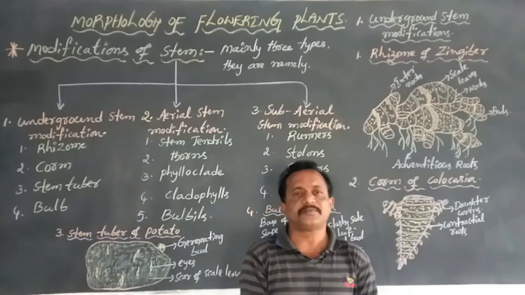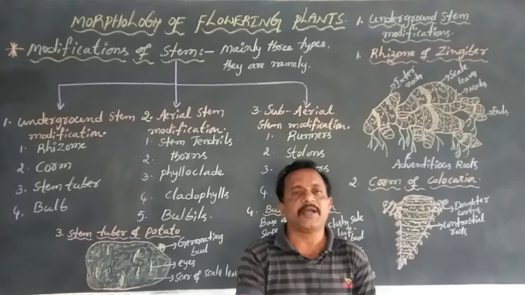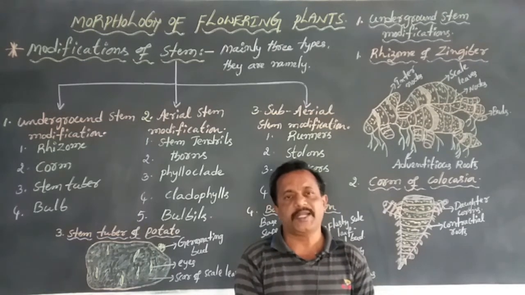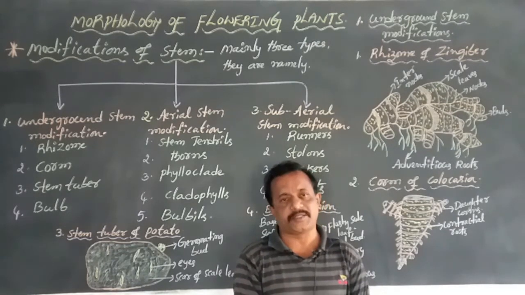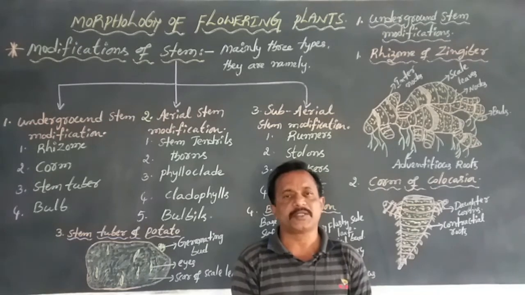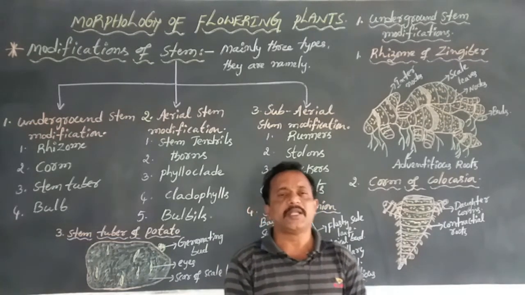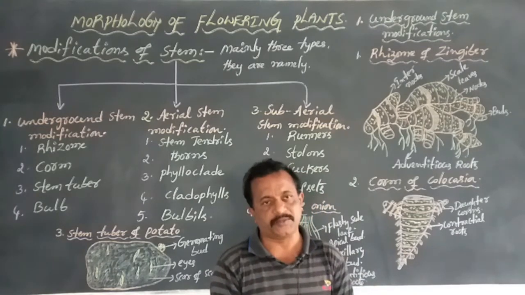The root does not have nodes, internodes, leaves and buds, while the stem has nodes, internodes, leaves, flowers and fruits.